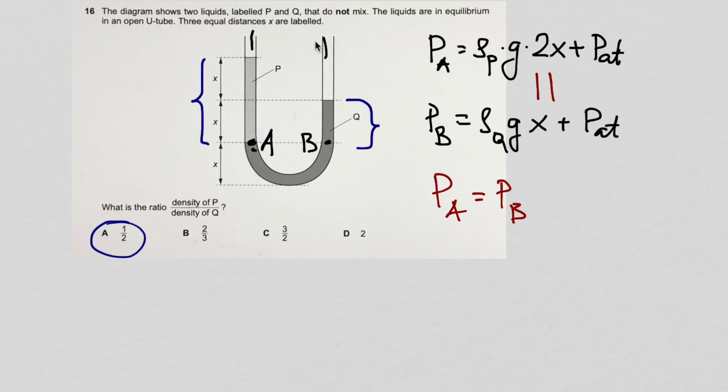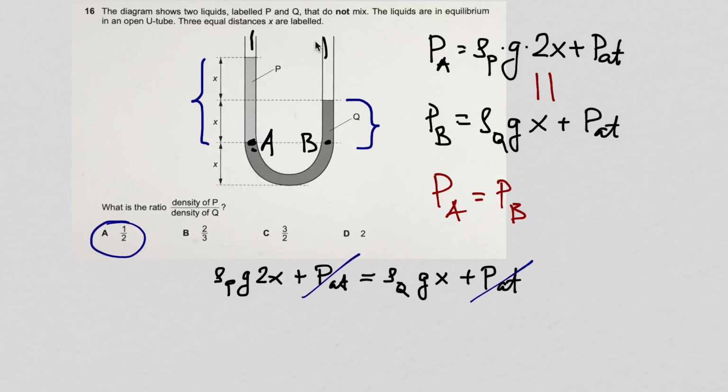If we write it out and equate the two pressures, that's what we will get. Obviously, these terms would be cancelled out. And also, skipping over and doing some cancelling, we can do this.